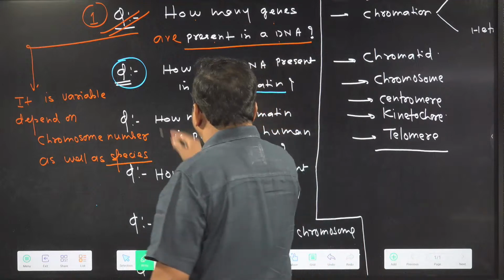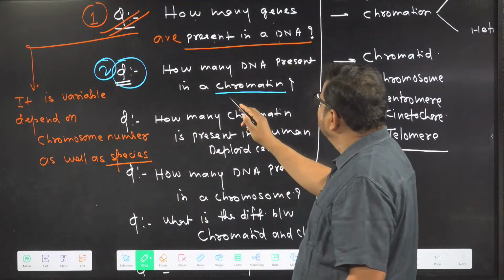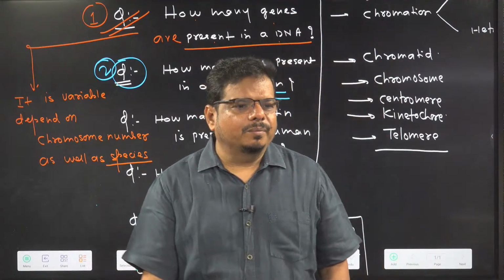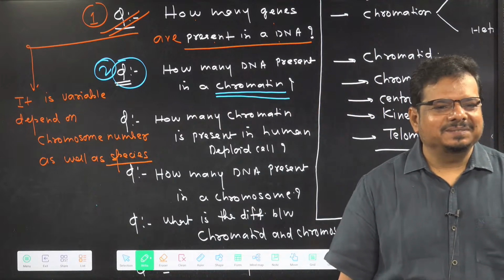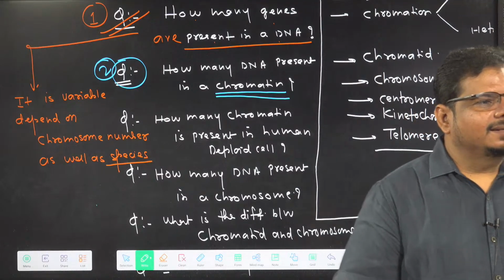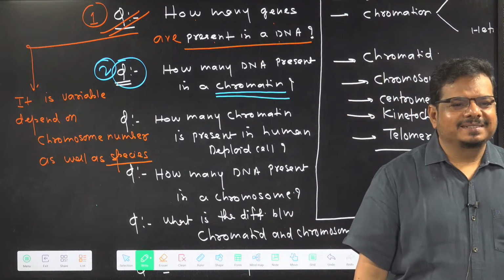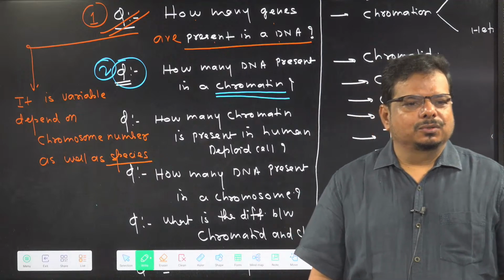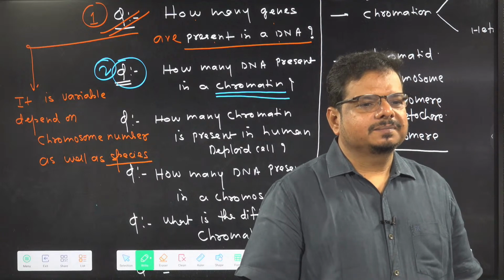Next question I asked, how many DNA present in a chromatin? Suppose that it is question number 2. Now start voting for question number 2. How many DNA present in a chromatin? Most of the people are voting for 1.